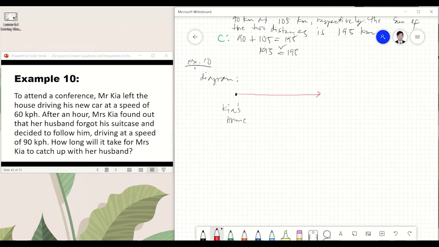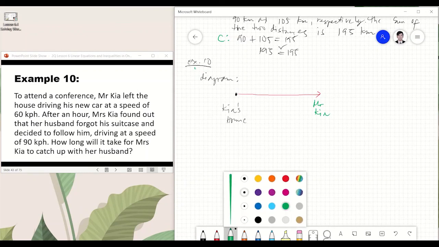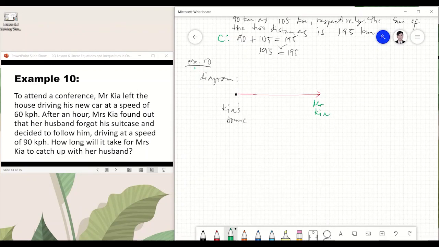So, let's say nandito na si Mr. Kia. And then, si Mrs. Kia naman, after several time, umalis din si Mrs. Kia. Pero nagka-catch up pa siya. So, hindi pa siya pareho na level ni Mr. Kia. So, ayan.